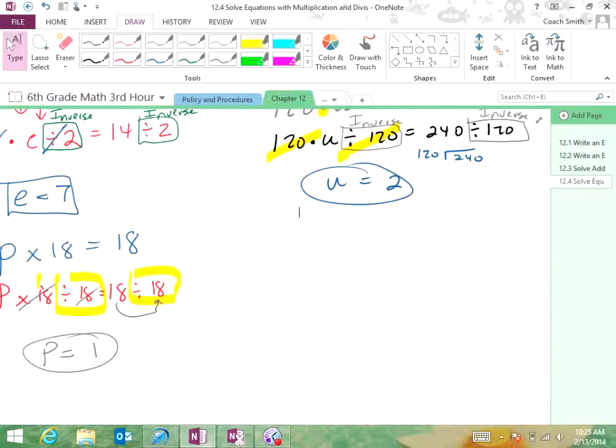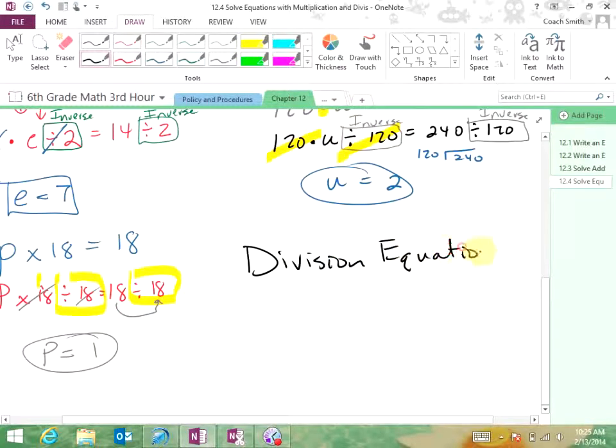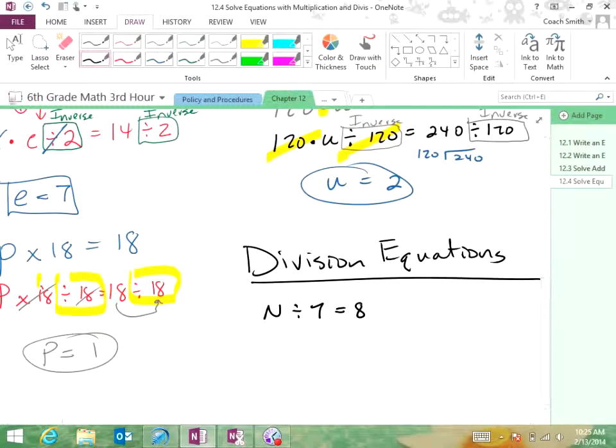Now, let's talk about division equations. N divided by 7 equals 8. Okay, we said a while ago that the inverse of division is multiplication.